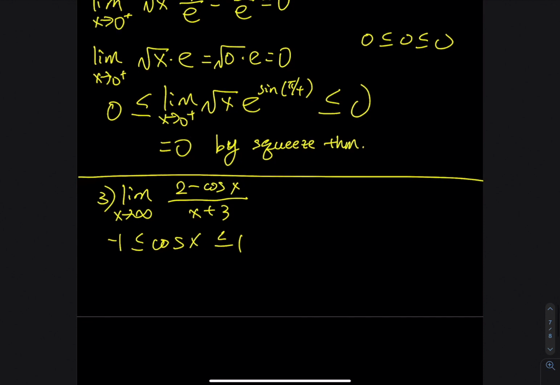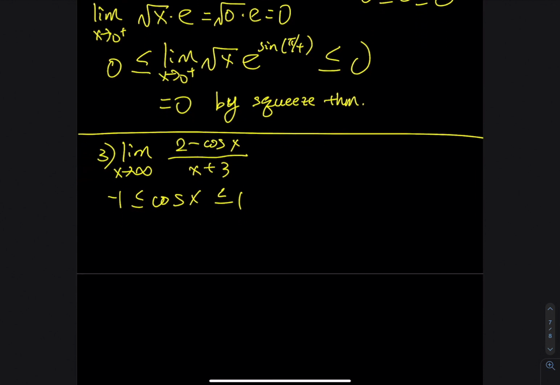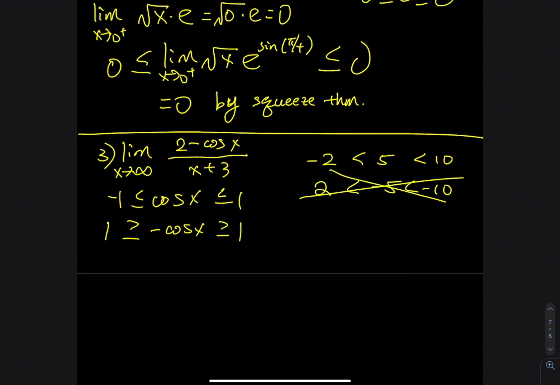So multiply each side by -1, and this will be 1 greater than or equal to negative cosine, and then greater than or equal to -1. Imagine this: you have -2 less than 5 less than 10. You multiply each side by -1, so this will be a 2, a -5, and a -10. Is this true? No, -10 cannot be greater than 2. This is not true, so the reversed version is true.